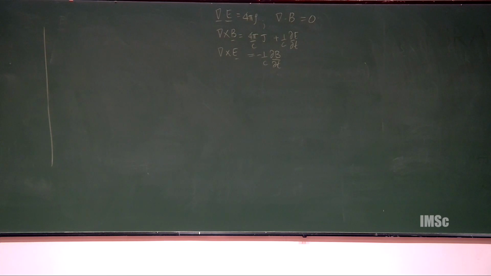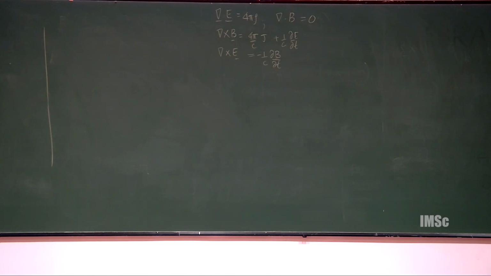So we have our 4 Maxwell's equations. So maybe I should say a few words about them. So the two equations, del dot B equal to 0 and del cross E. Can you see? Actually, I don't need to, I have not written it in the right order. Okay, I will write it again. These are the two homogeneous Maxwell's equations, and del dot E is equal to 4 pi rho.